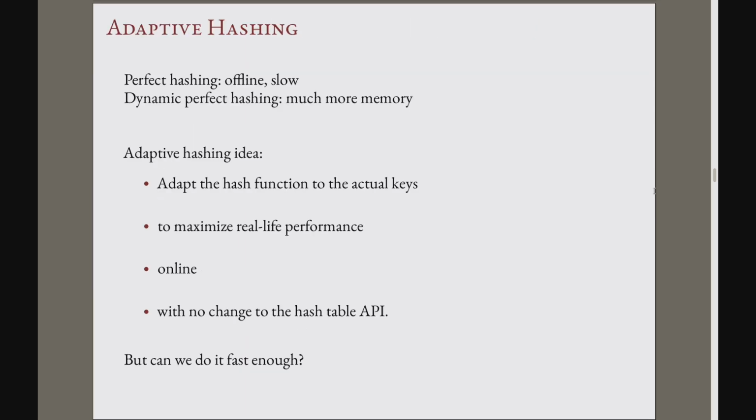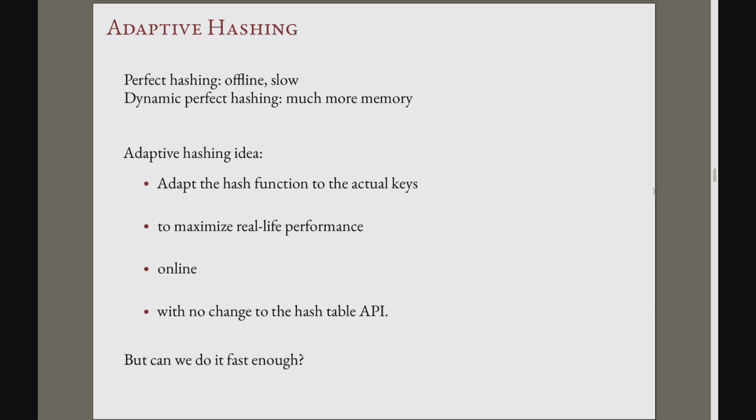So Doug has talked about perfect hashing. We have offline algorithms, really expensive, to compute a perfect hash function for a given set of keys. So that's inspiration. We also have dynamic perfect hashing algorithms which can do this online, as you would use a normal hash table, but they require a whole lot more memory. So they cannot be replacements for hash tables.